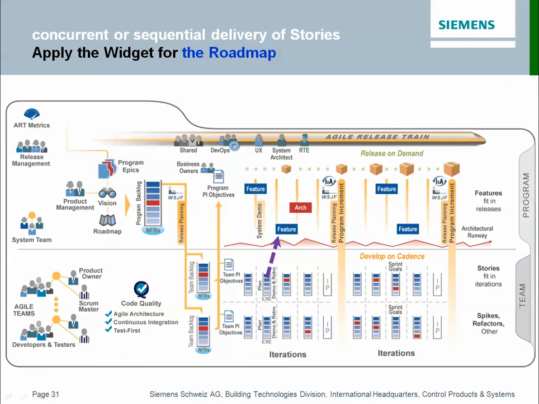So let's zoom in, and here you see one more time that agile teams contribute to the same feature either concurrent in the same sprint or sequentially one after another.